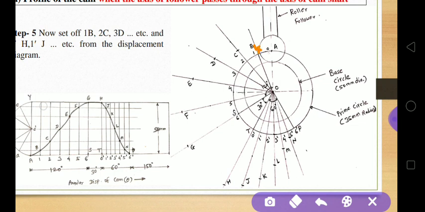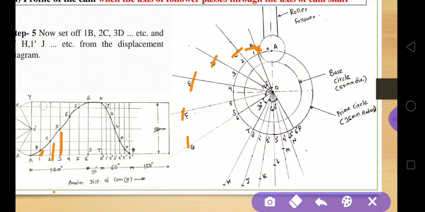We will take this B to 1 distance in the compass, mark here the B point and draw a dark line. After that, C to 2 distance we'll take in the compass and mark here one line. Again D to 3 distance we will take in the compass, mark here from 3 to D point. E to 4, mark here a line with the compass from 4 to E. Similarly 5 to F, similarly 6 to G.